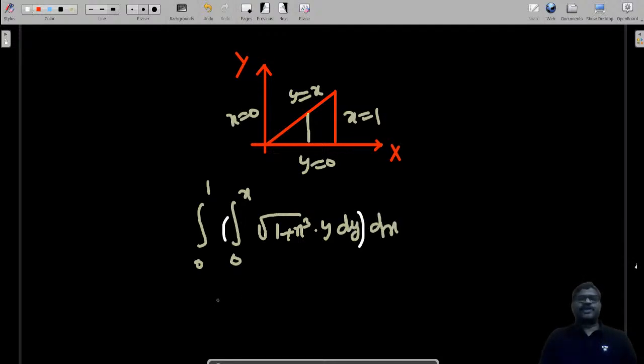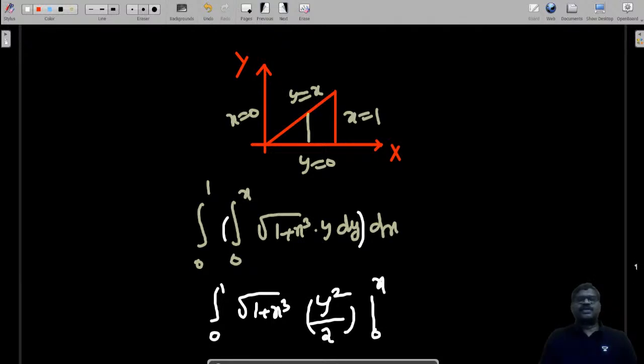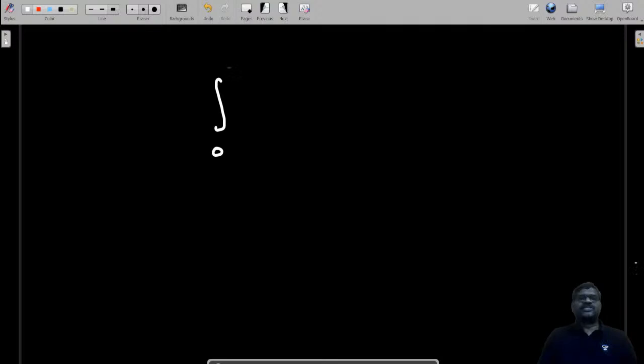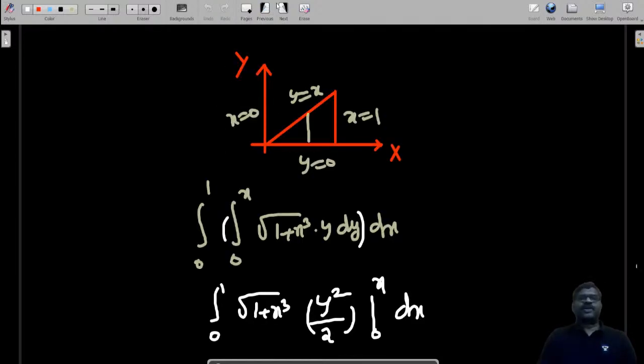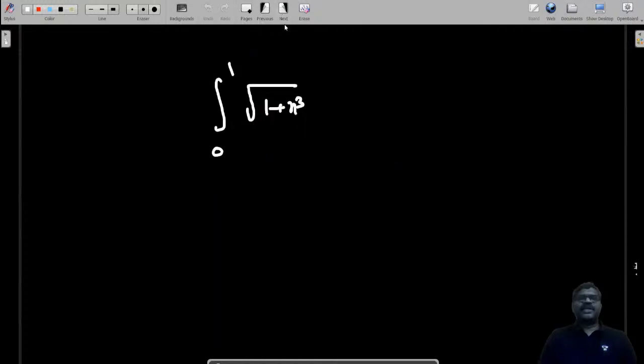First integrate with respect to y. y square by 2, 0 to x, dx. Integral 0 to 1, square root of 1 plus x cube into x square by 2 dx.